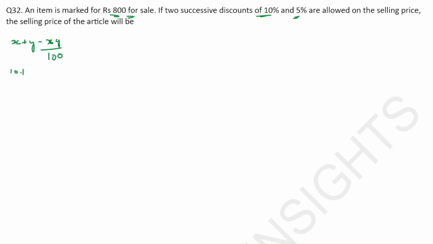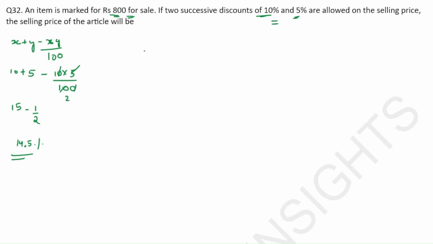So 10 plus 5 minus 10 into 5 divided by 100. 0 cancels, 5 twos are 10. So this will be 15 minus 1 by 2. If you solve this, you will get the answer as 14.5%. So the actual discount is 14.5%. But if you directly add 10 plus 5, you get a 15% discount. Yes or no? So that's why you're not supposed to add the two discounts.